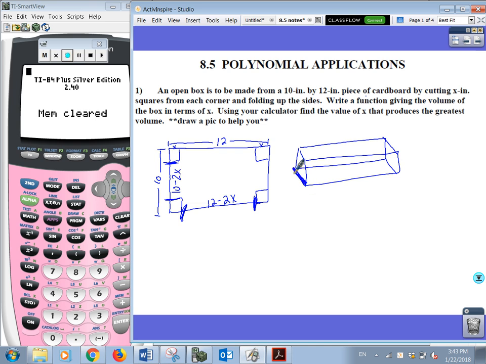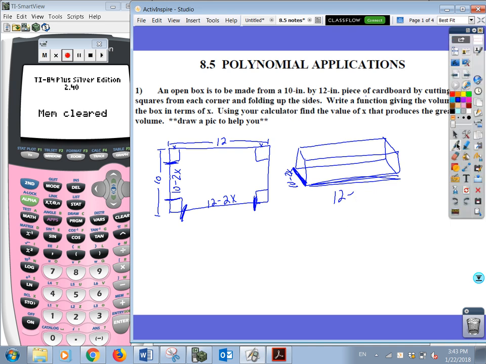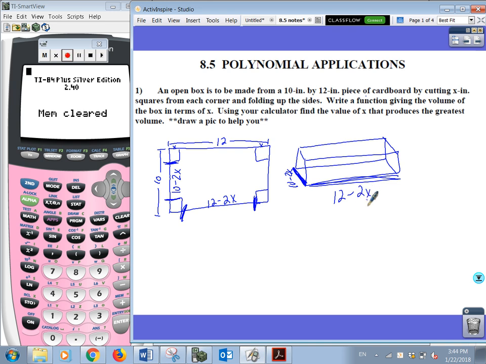So we have our 10 minus 2x. Then we have our 12 minus 2x. But we also now gained a height, which was x. That's what we folded up each side by.